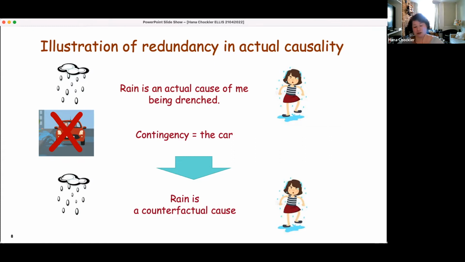So this was a step towards making causality more useful, because it included more cases of causal dependency that were not captured by simple counterfactual reasoning.